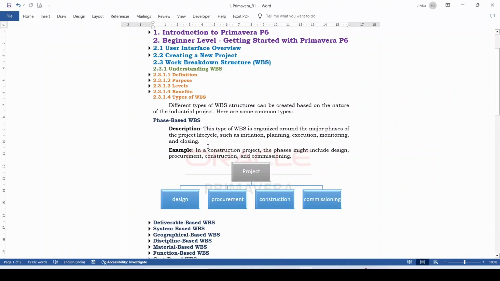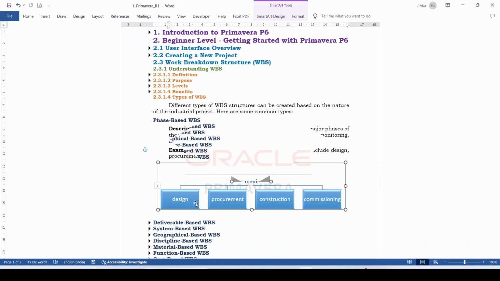For example, in a construction project, the phases might include design, procurement, construction, and commissioning. You can see this is the project, and this project is divided into 4 WBS: design, procurement, construction, and commissioning. Under each WBS, you may create sub WBS also for proper monitoring of your project.